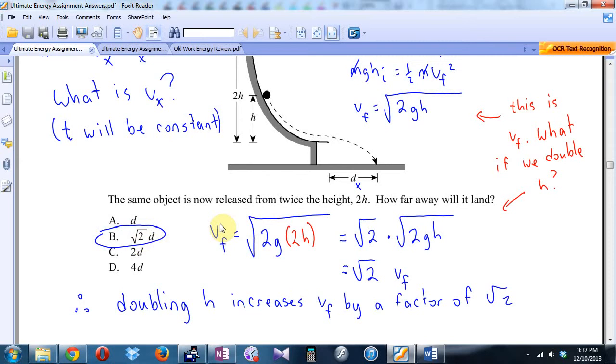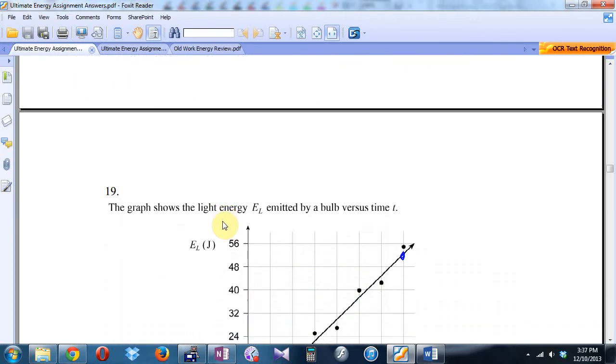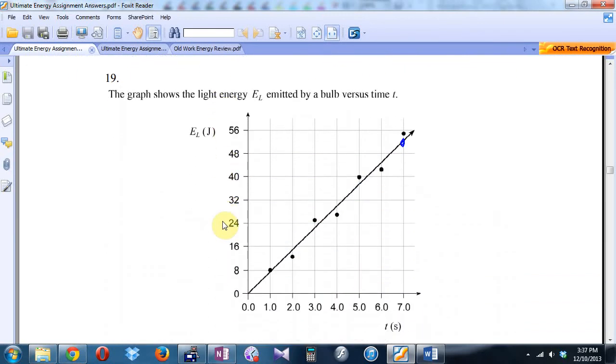Yeah. Number 19. Cool. So it says energy versus time. By the way, as soon as I saw that, I said, do I have an equation that has energy and time in it? Well, I do if I think work and time.